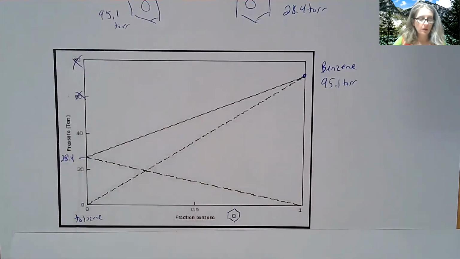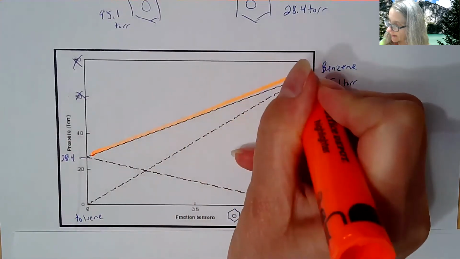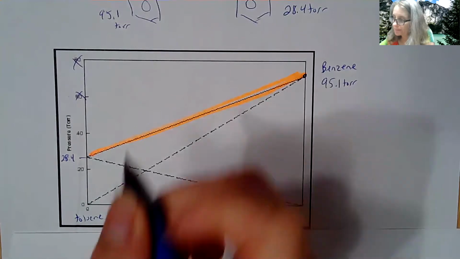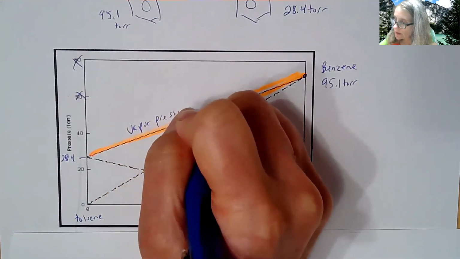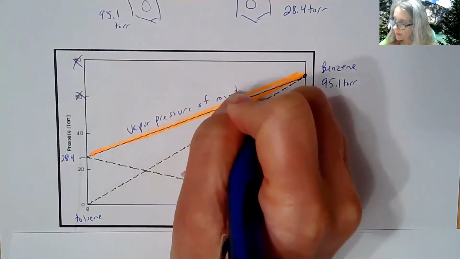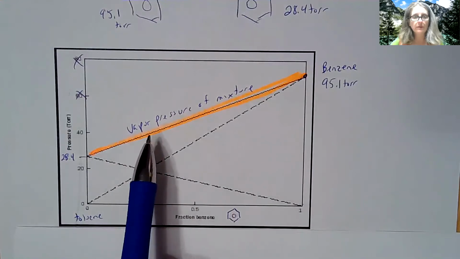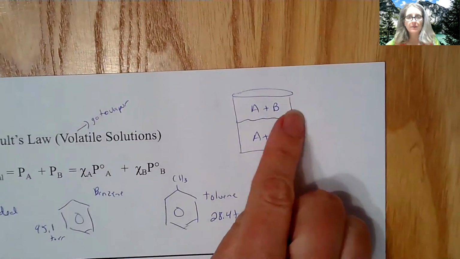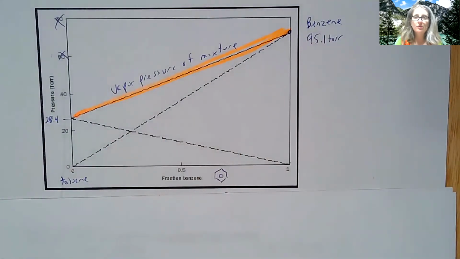This line that I'm highlighting right now is essentially what we call the vapor pressure of the mixture. Depending upon how much benzene and how much toluene you have, you get a different vapor pressure above that mixture. Again, think of the A plus B above that mixture. This straight line, you can predict off of, depending upon how much you have.